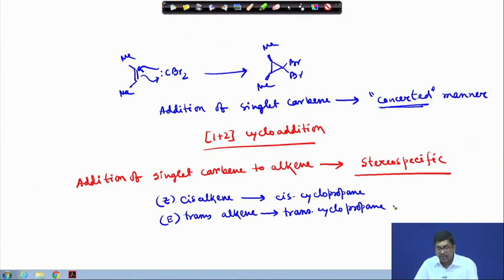then the reactions are highly stereospecific. That means, if we start with a particular stereochemistry of the starting material, it will give the product with a particular stereochemistry. So, overall the geometry of the starting material is preserved in the product, fine. And similarly, if we start with a trans alkene, we get the trans cyclopropane.